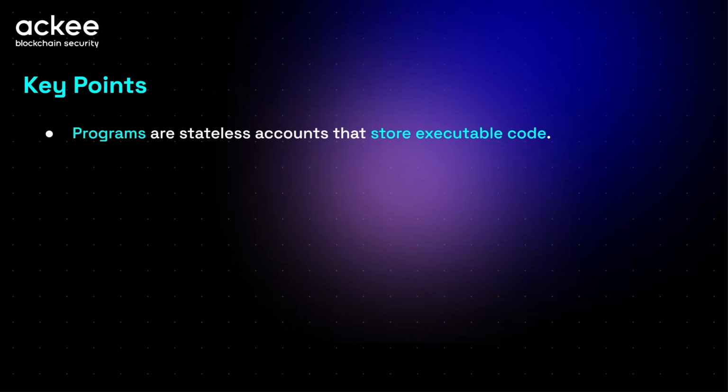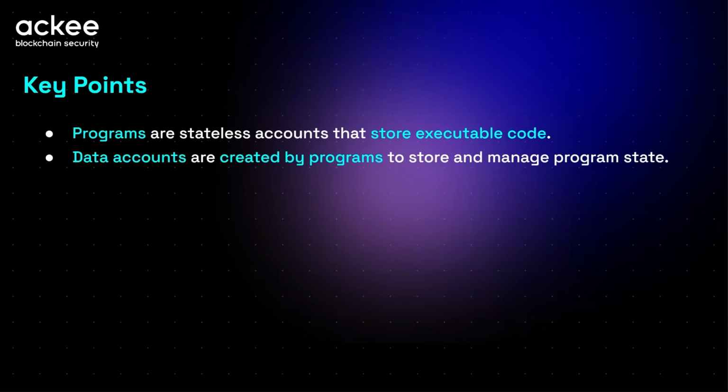If a program wants to store the data or the state somewhere, it needs to store it in the accounts, in particular, in the data field of the account. You will see everything in the hands-on example, or basically in the programming examples. Data accounts are created by programs to store and manage program state. So this is basically what I said just now.